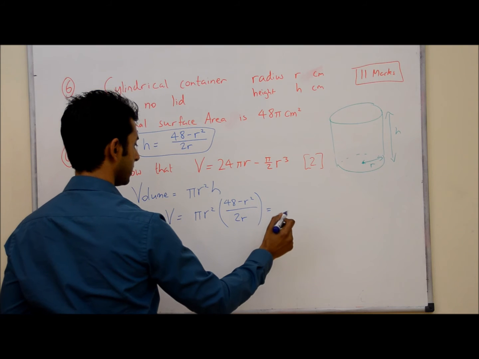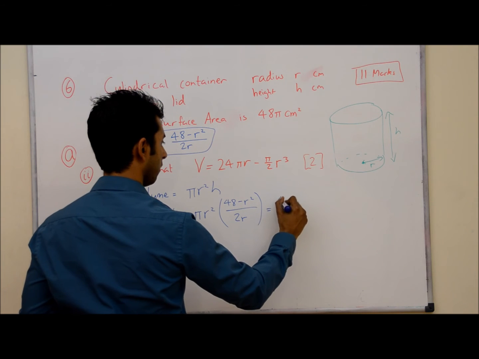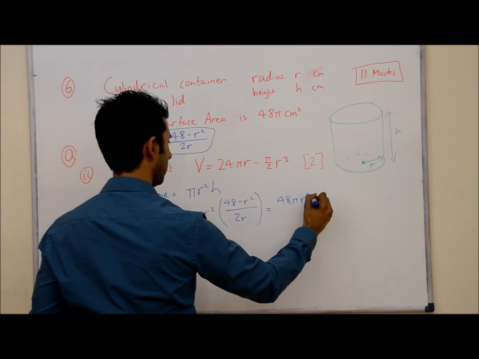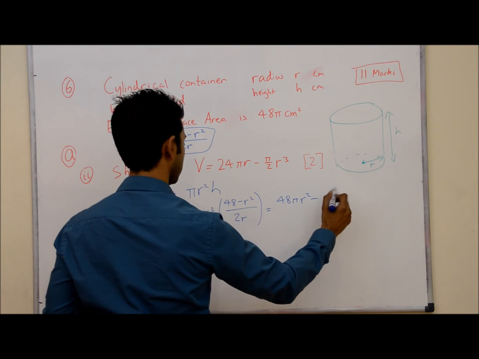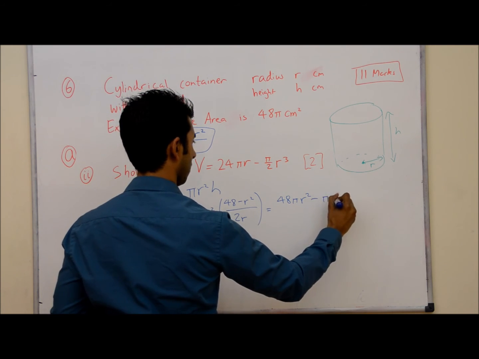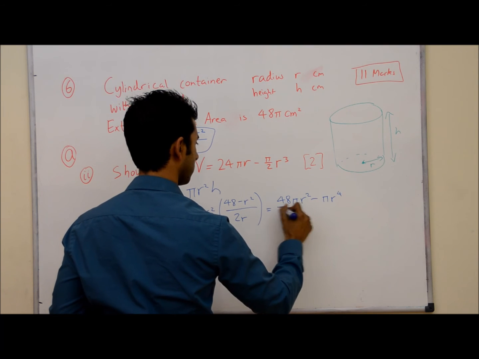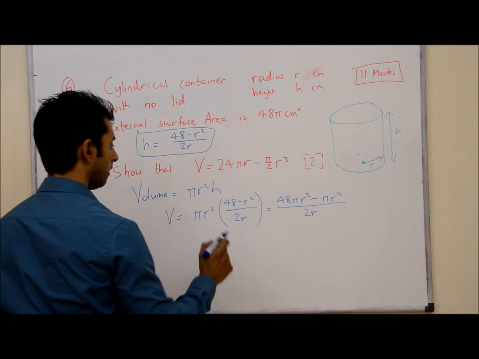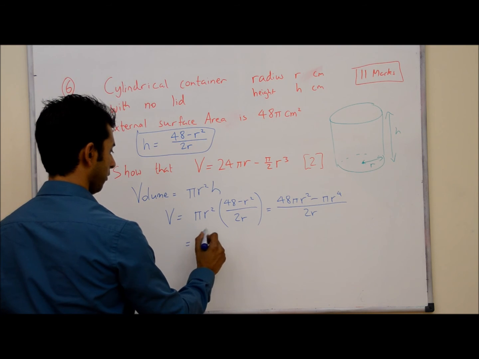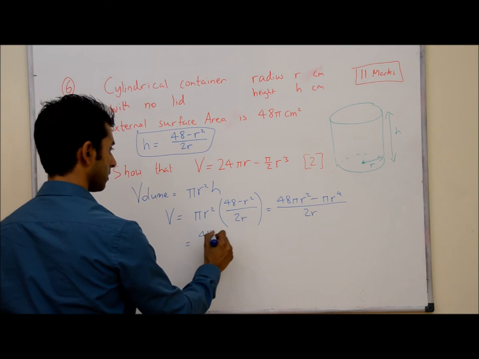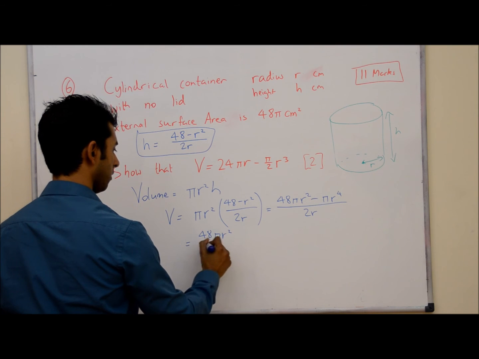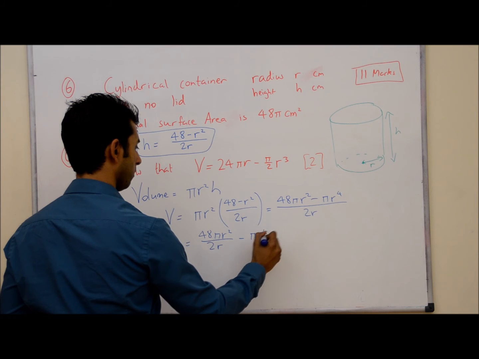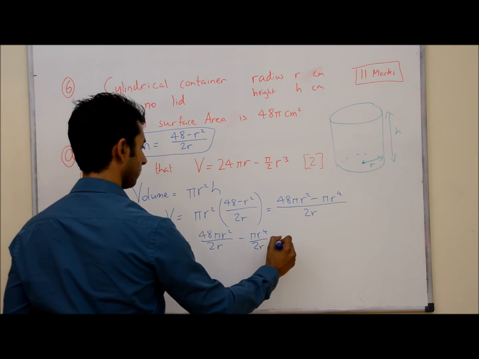So if we multiply this out, we get 48 pi r squared minus pi r to the power of 4, and that's all over 2r. So we can actually write this as 2 separate fractions, so 48 pi r squared over 2r minus pi r to the 4 over 2r.